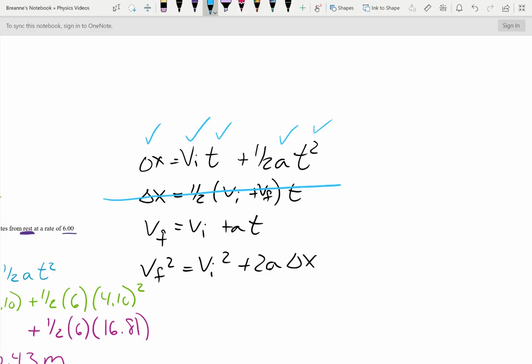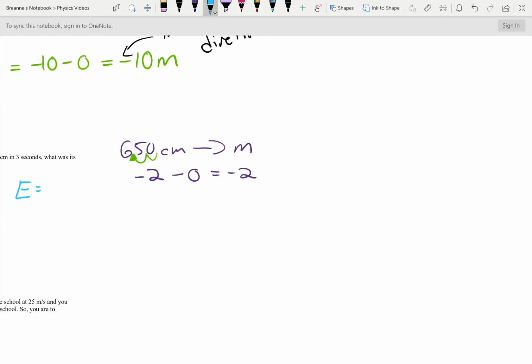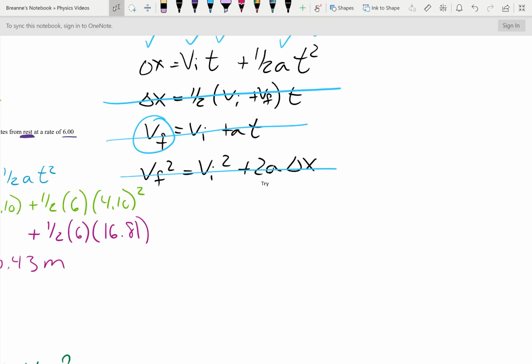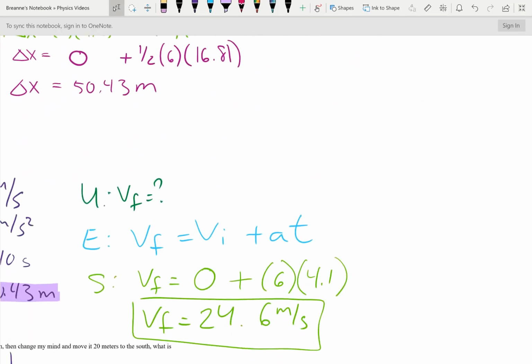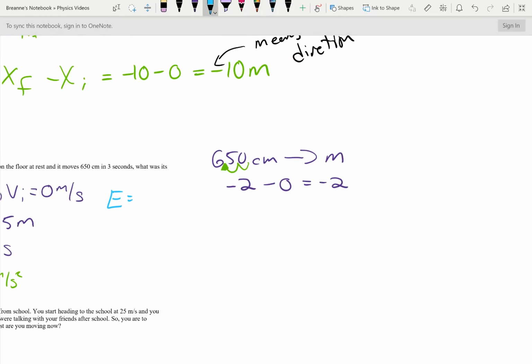We were not given final velocity, so we can't use these two because they have final velocity. We have to use the first equation: delta x equals vi times t plus 1/2 at squared.